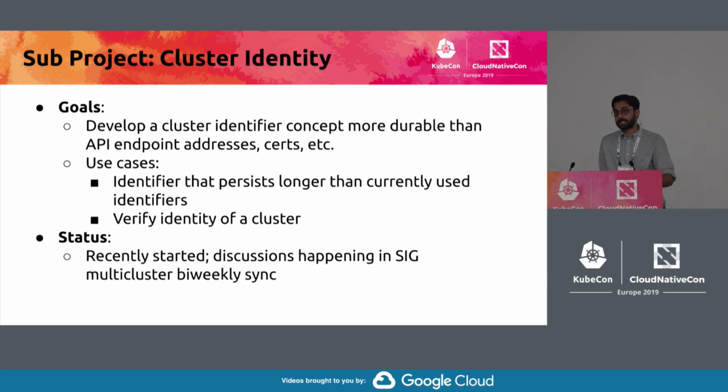For example, if a cluster goes down or is taken offline and then returns, the provider and all the users should be able to identify that it's the same cluster they were interacting with earlier. API endpoints change, certificates change, everything changes, but probably the durable storage, the resources inside the cluster, or something that was stored in the cluster does not change. So this effort is around that.